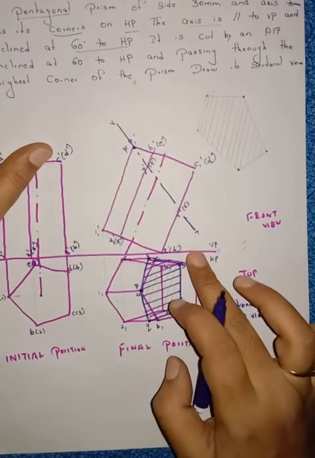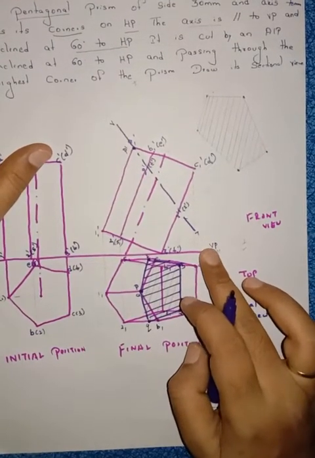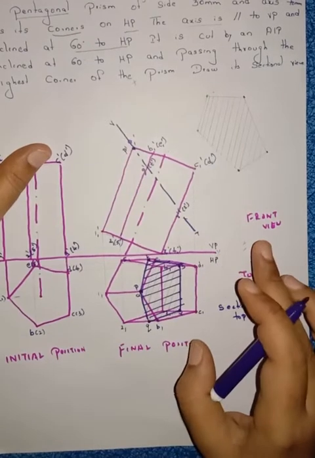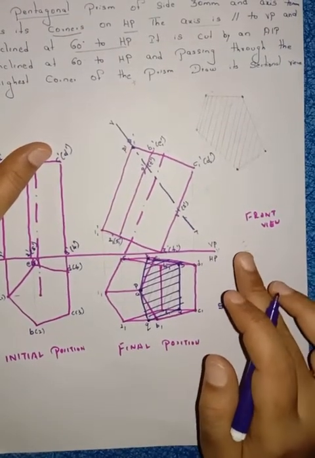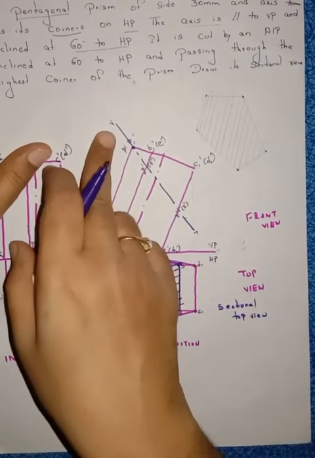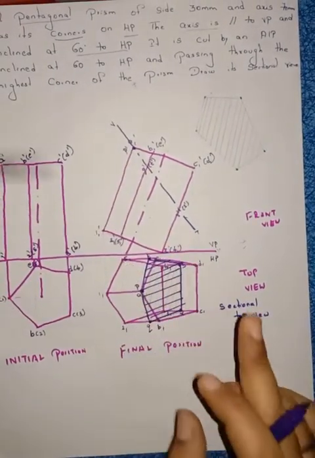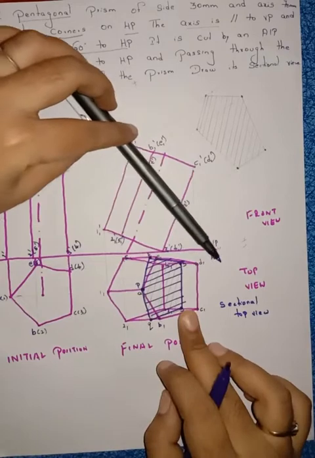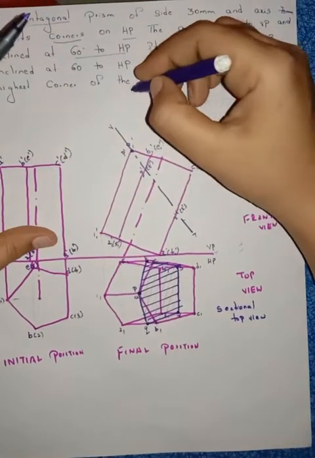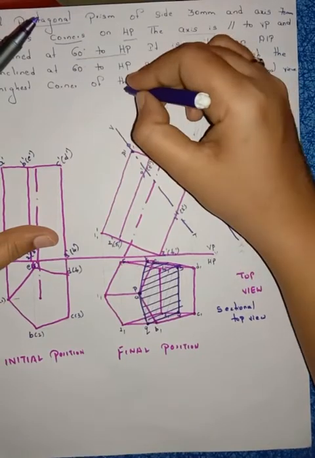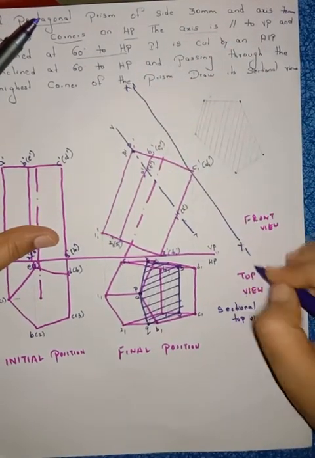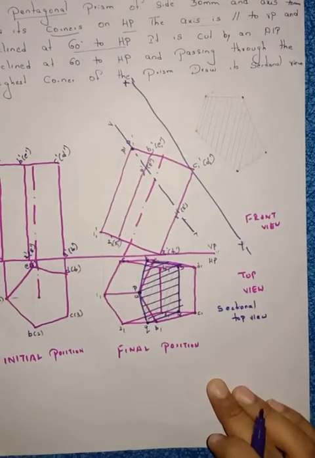Whenever the sectional plane is in inclined position, you have to draw another reference line. That is nothing but the auxiliary plane. So how to draw another reference line exactly parallel to the sectional plane? Keep your scale here. Take some distance. Draw a straight line of any length, reference line. Name it as x1, y1.